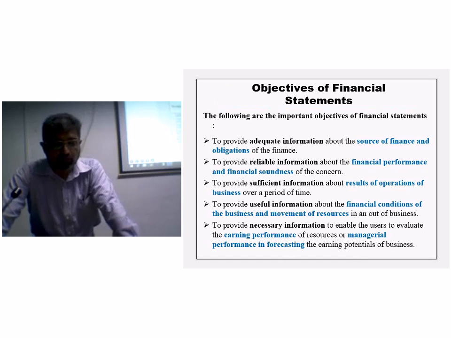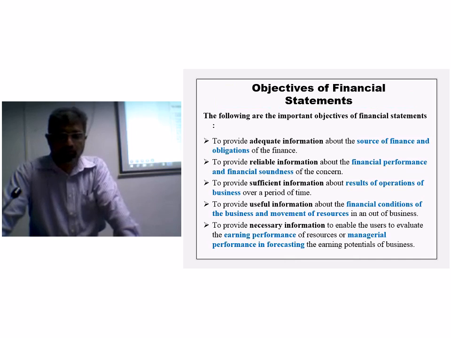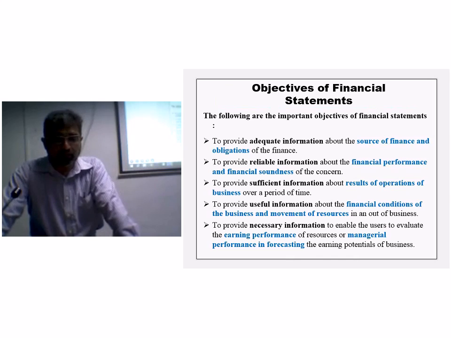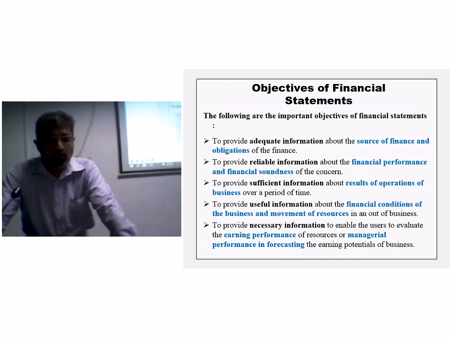First one is to provide adequate information about the sources of finance and obligations of the finance here. Second one, to provide reliable information about financial performance and financial soundness of the concern. Third one, to provide sufficient information about the results of the operations of business over a period of time.